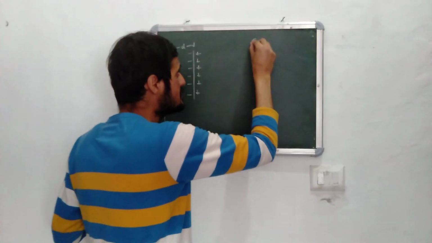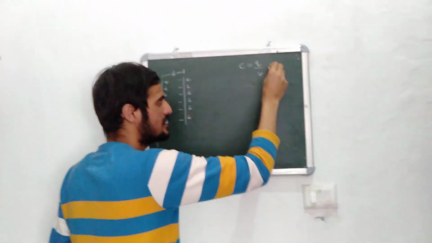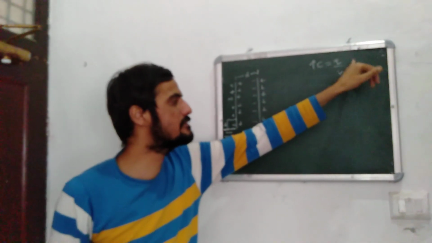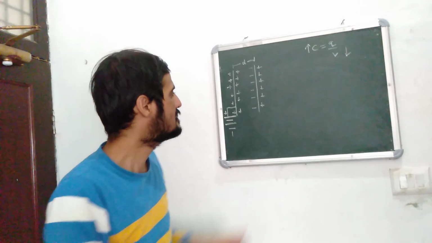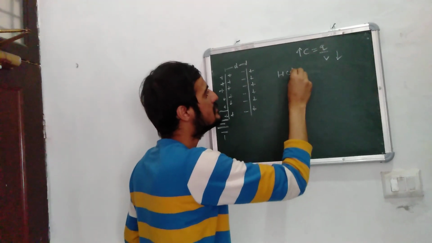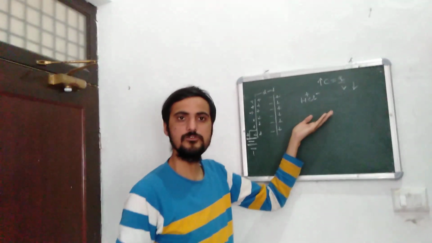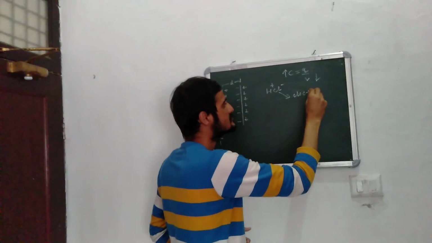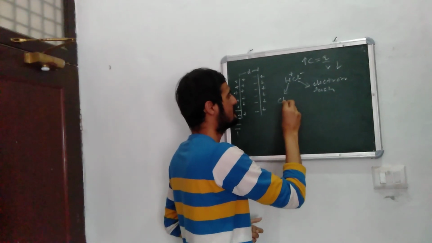As we know that C is equal to Q upon V, from this relation, if potential decreases, capacitance increases. We take the example of HCl. It can also be written as H positive and Cl negative. It means that chlorine is electron rich, and hydrogen is electron deficient.